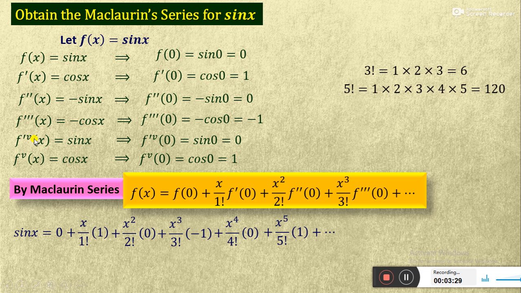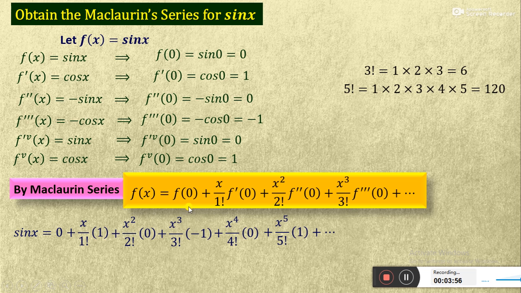So the fourth derivative of x is sin x, and f⁗(0) = sin 0, which is 0. Next the fifth derivative of x: we differentiate sin x to get cos x, so at 0 it is cos 0, which is 1.